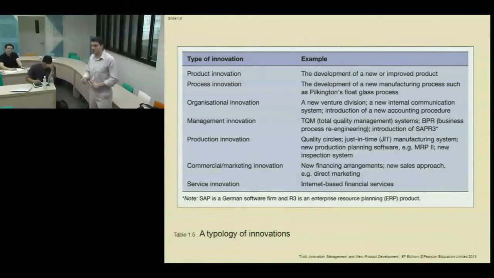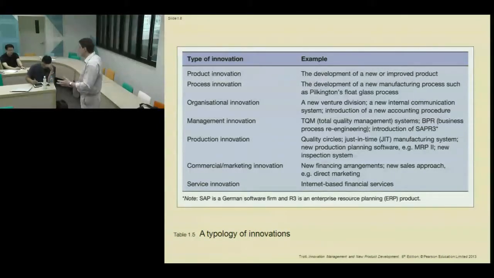We have organizational innovation, a new venture division, new business model, or new internal communication system. We have management innovation, for example, different management systems that companies use, TQM, or business process reengineering and so on.